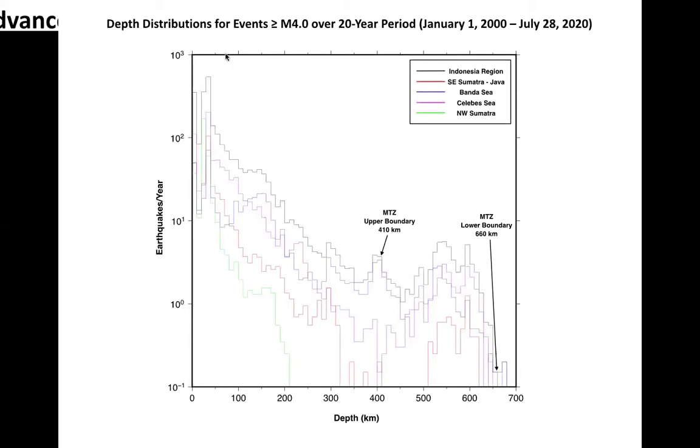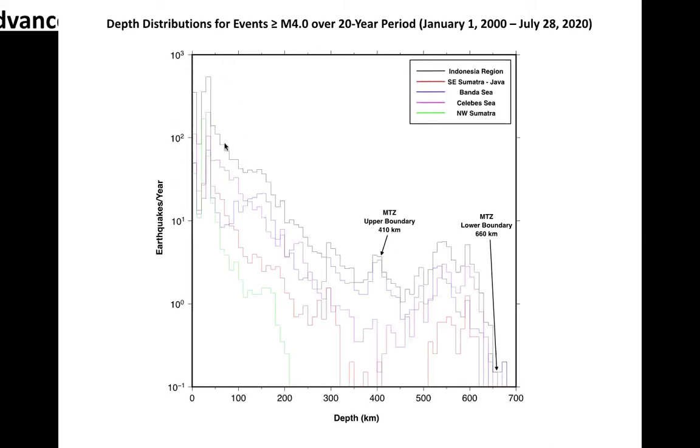Shallow earthquakes definitely pose a greater seismic risk because of their closer hypocentral distances to the surface, and also combined with the potential for large magnitude earthquakes further compounds the seismic risk. So this concept and associated seismic risk will be explored in a later lecture.